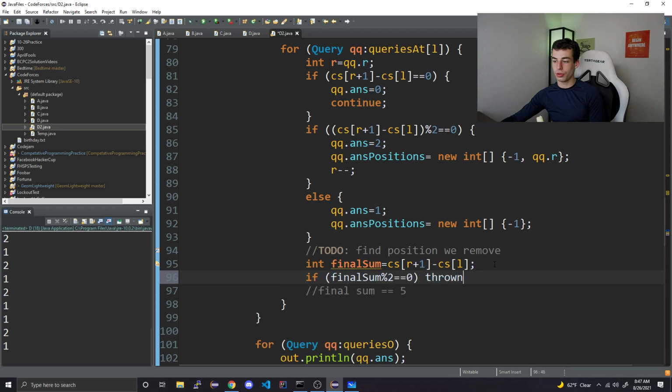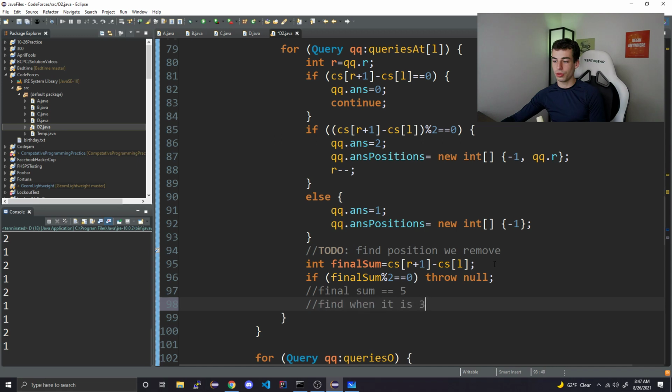So then we want to see when it equals 3. All right. Yeah, because you remove the 3. This part after u is 2. The part before u is also 2.